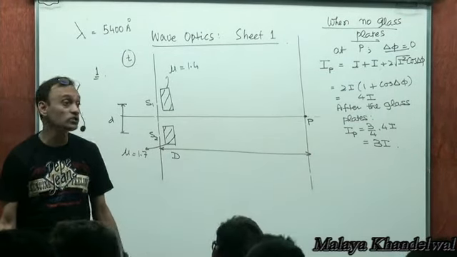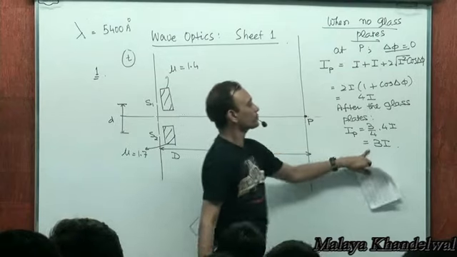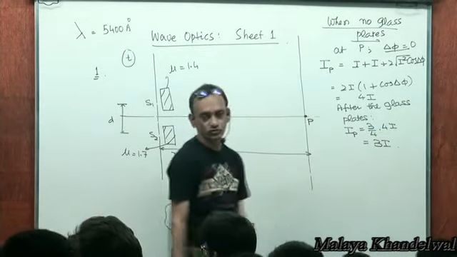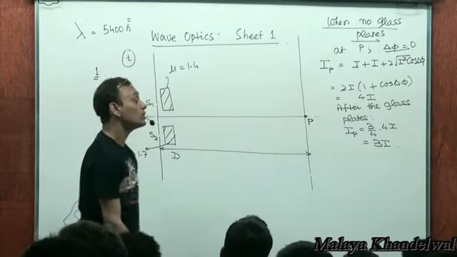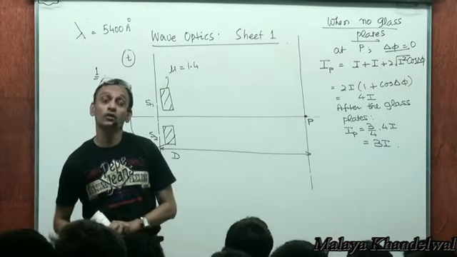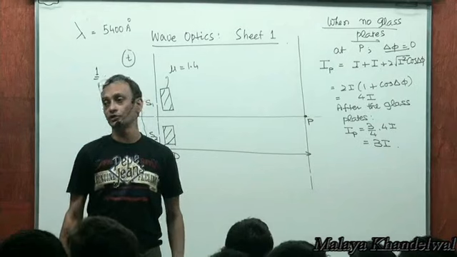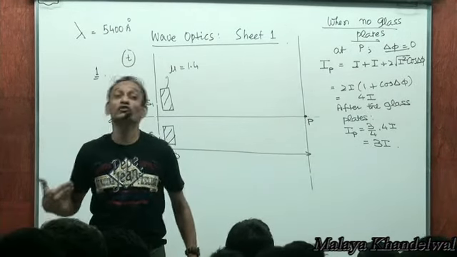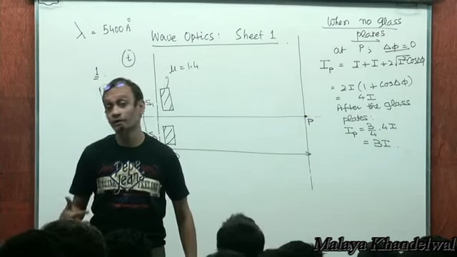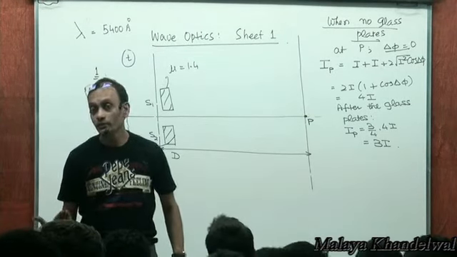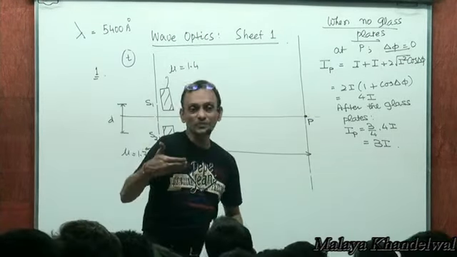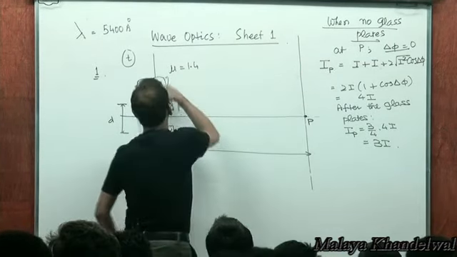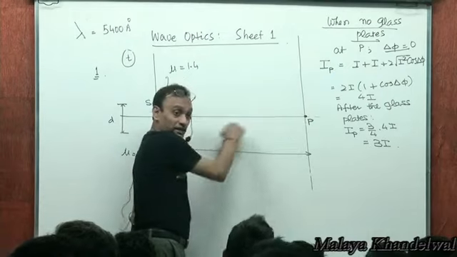The intensity was 3/4 the intensity seen before introduction. That means 3I was the intensity. Now let me figure out, after the glass plates were introduced, if this was the intensity, then what must have been the phase difference? The phase difference then couldn't have been 0, right? The phase difference is now something else at P. Let me find out the phase difference at P of waves coming from S1 and S2.